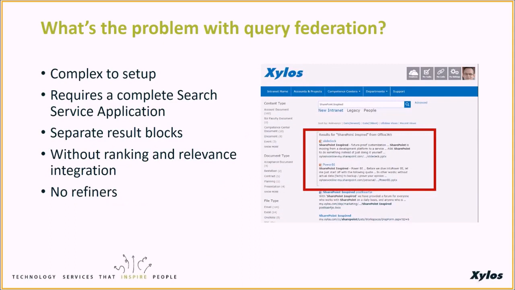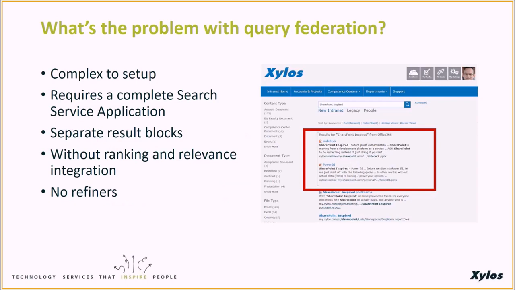You might say it's complex to set up. You have to install PowerShell, use PowerShell, exchange certificates. That's for some people already very hard. And it requires a complete search service application. For example, if you're configuring the inbound hybrid search and you're issuing all your search queries in SharePoint Online, well, why do you still need a SharePoint on-premises search center, etc., etc.?